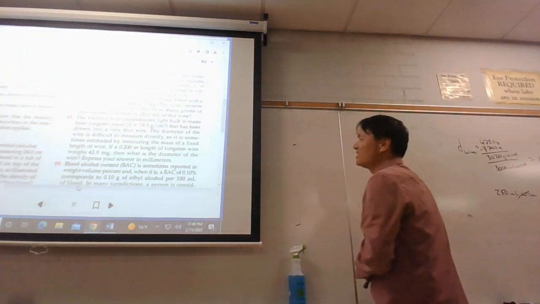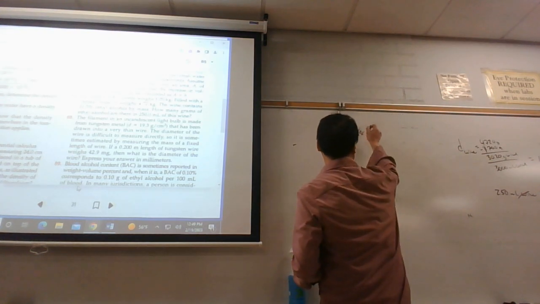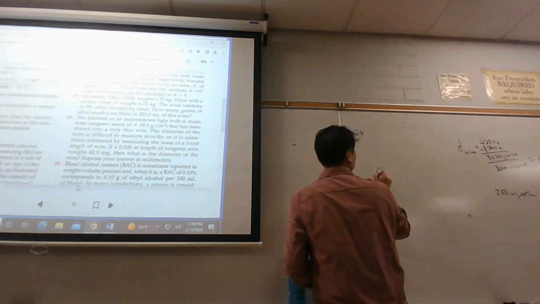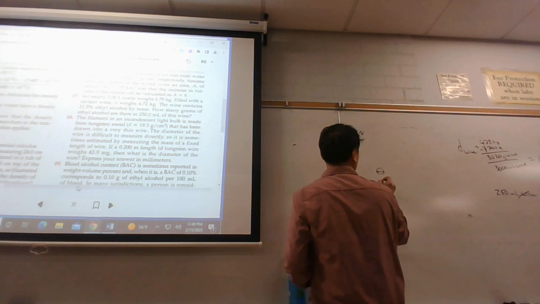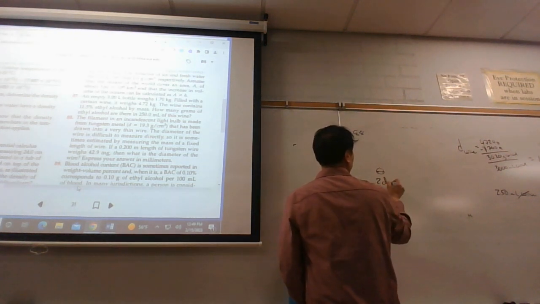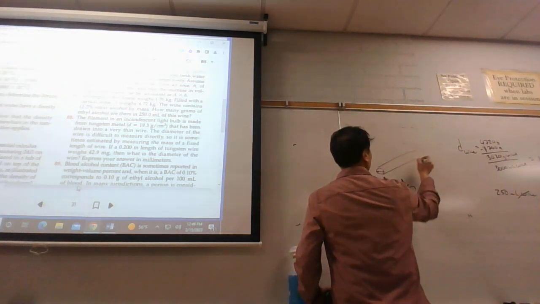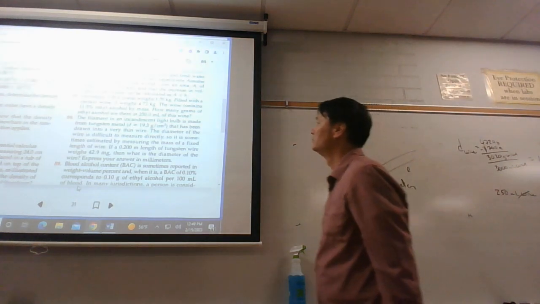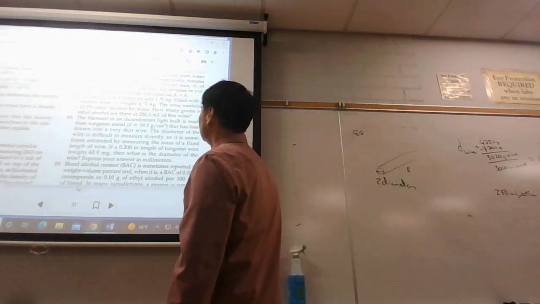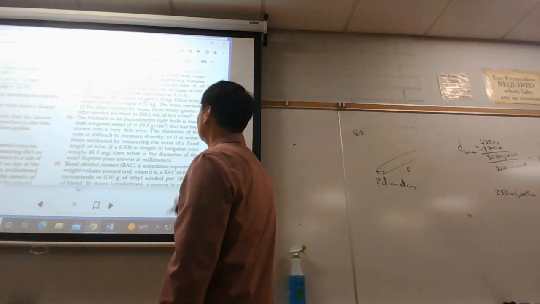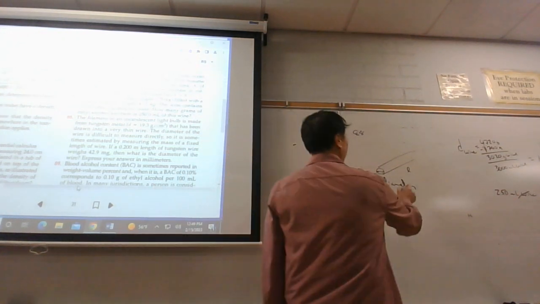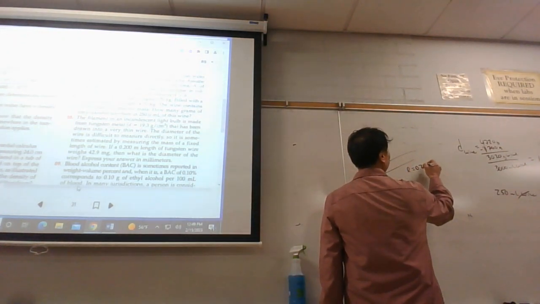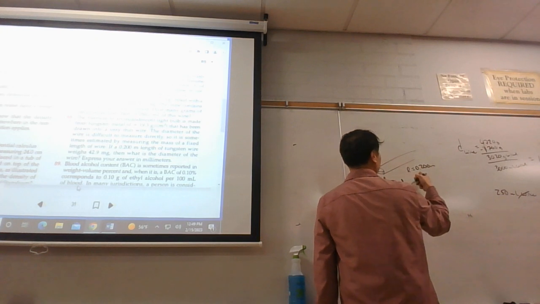So this problem is very similar to the earlier problems, except we're solving for the diameter. And then there's going to be a length here. We have a 0.200 meter length. Earlier we were solving for the length.